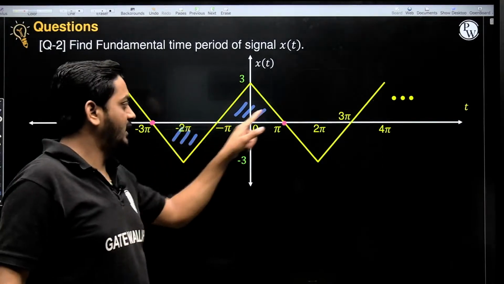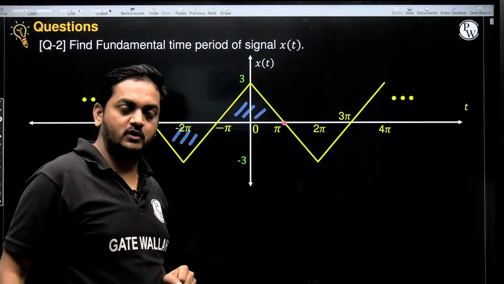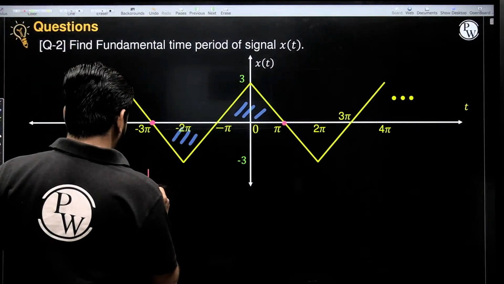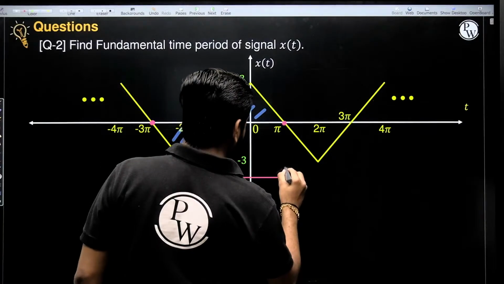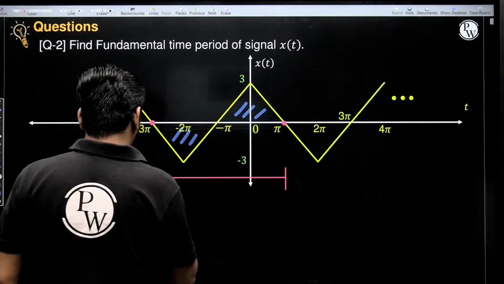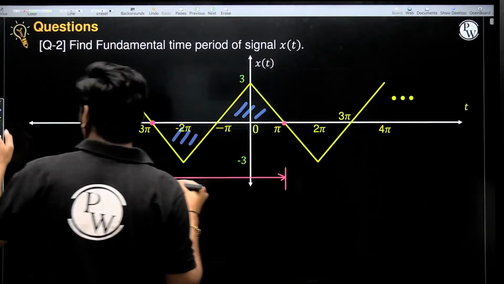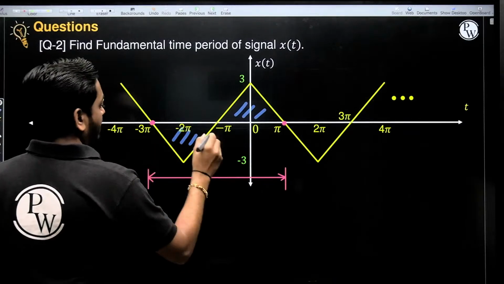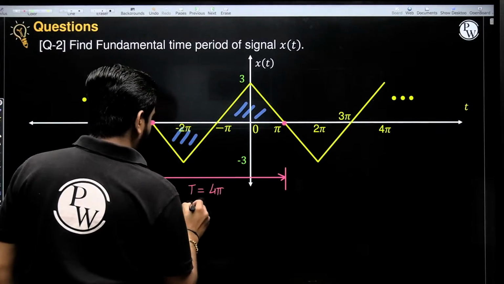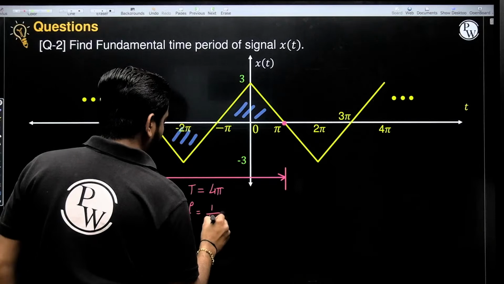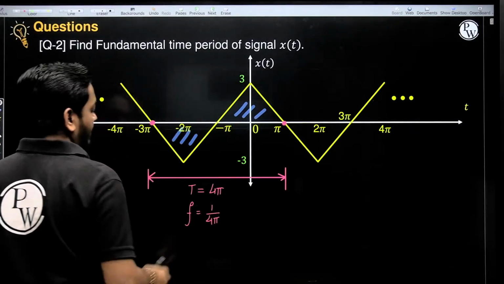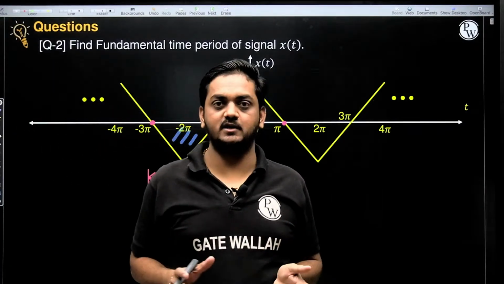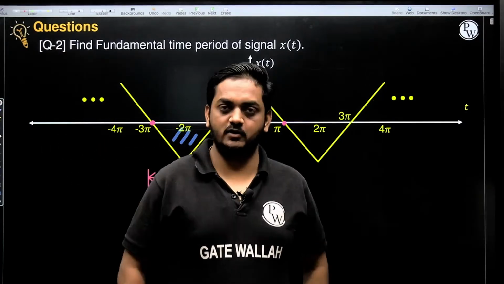From minus pi to 3 pi you can also take. The fundamental time period is 4 pi. In this, all are what, guys? Non-sinusoidal periodic signals.